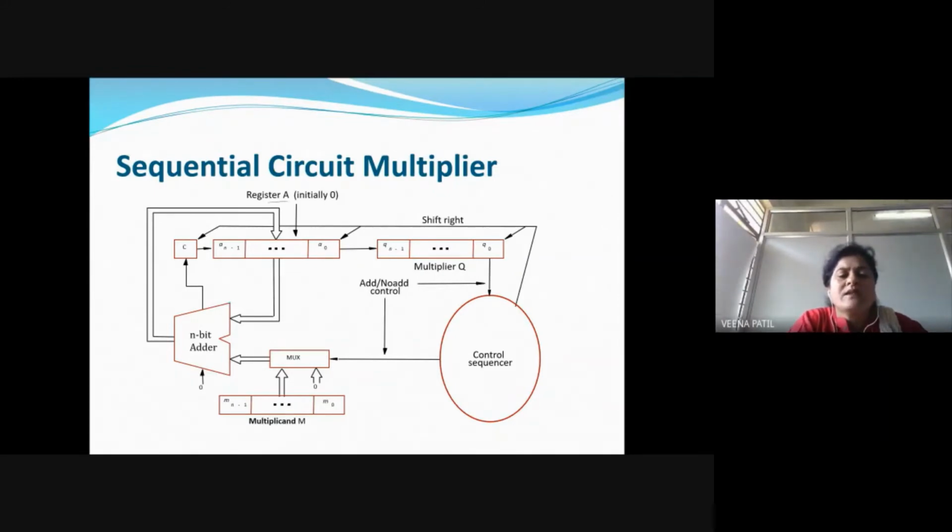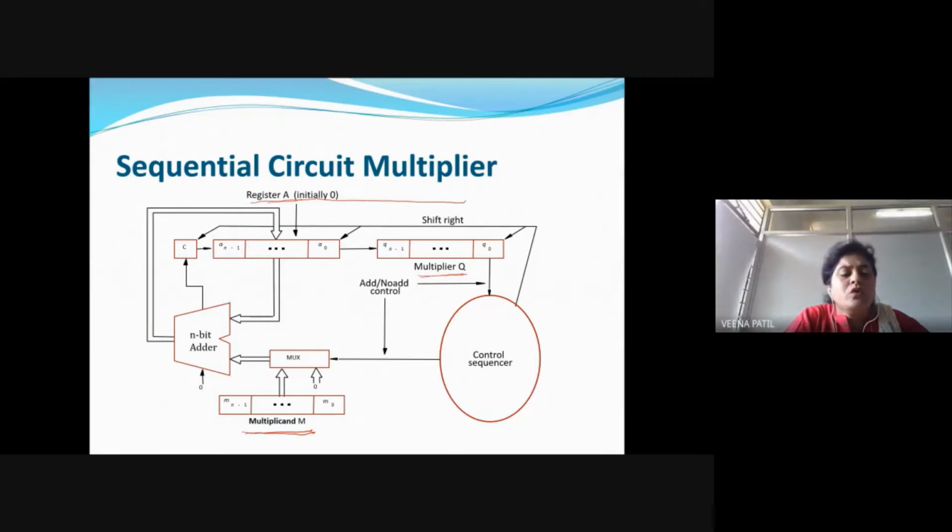One I call the register A, another one I call the multiplier Q, and one more we have, that is the multiplicand M. So in these 3 registers, we are going to keep the multiplier in Q, multiplicand in M, and whatever partial product I get, I'm going to store it in A and Q together. Okay, I will use AQ to store the partial product.